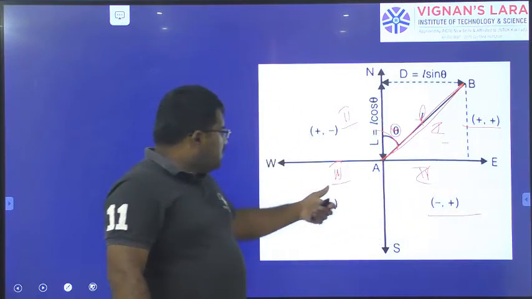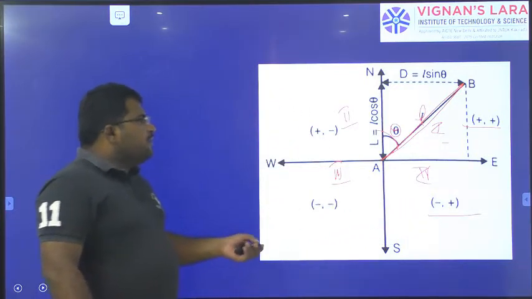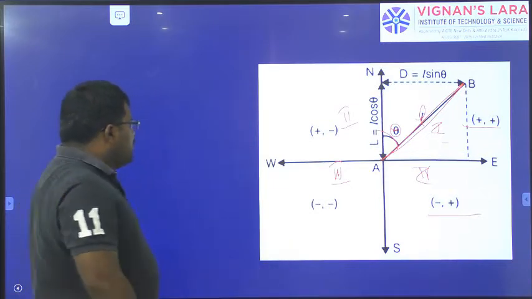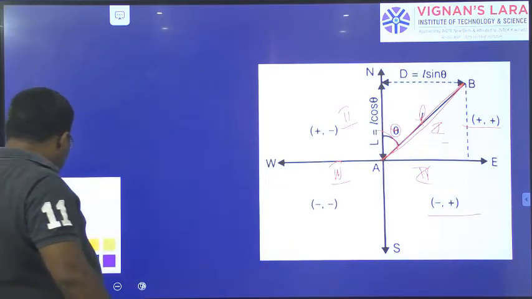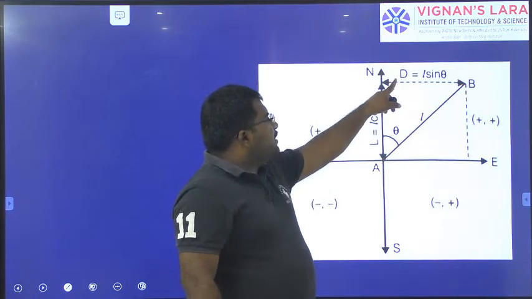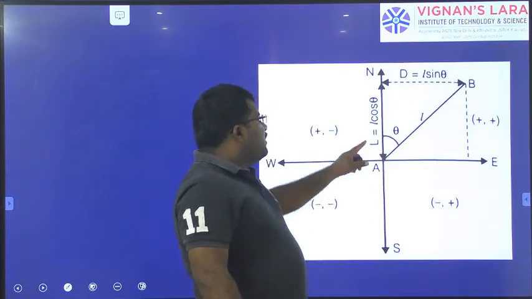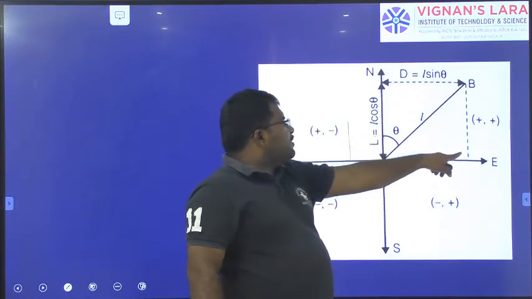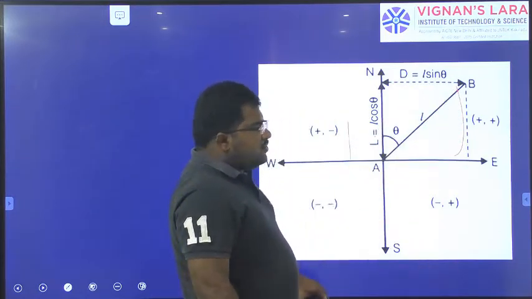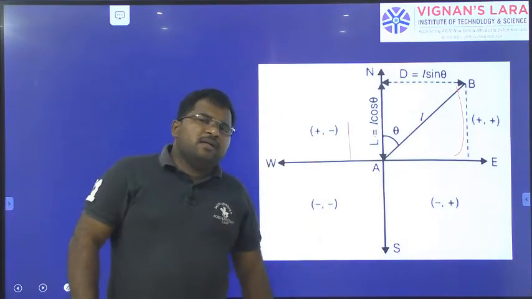Calculating the latitude and departure, departure equals L sin theta and latitude equals L cos theta. We already saw those things in the last class, also in the tabular column.